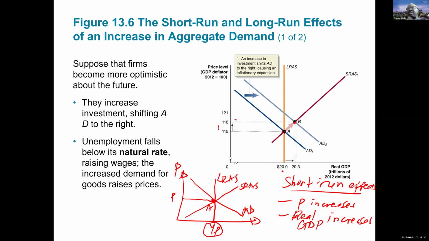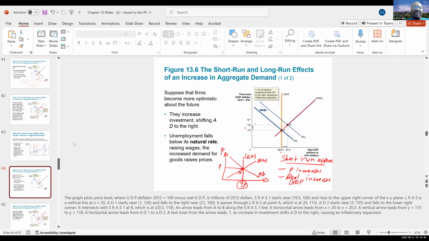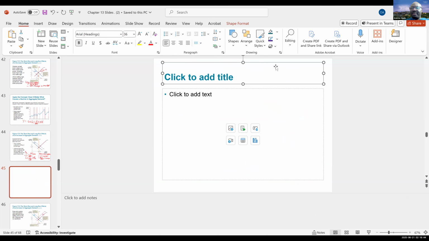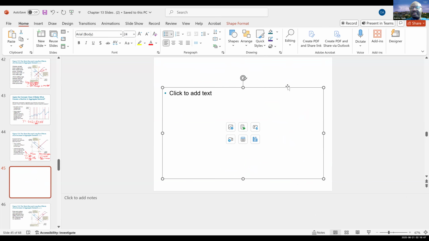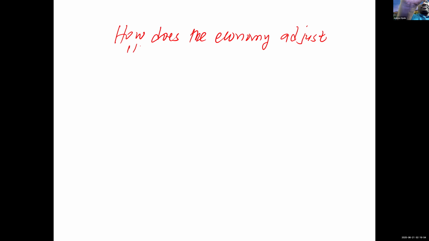Okay. Now, what is going to be the self-correcting mechanism here? Because we're still discussing the self-correcting mechanism. When the economy is hit by a demand shock like this, what do you think is going to happen? So let's see here. How does the economy adjust itself back to full employment?